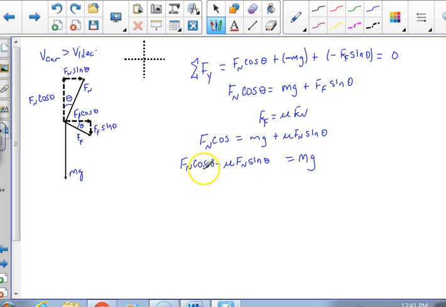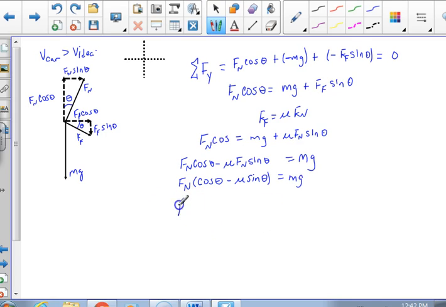and we can factor out the Fn and say Fn times cosine theta minus mu sine theta equals mg.